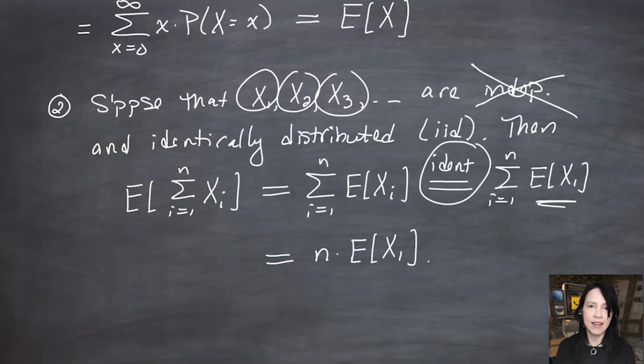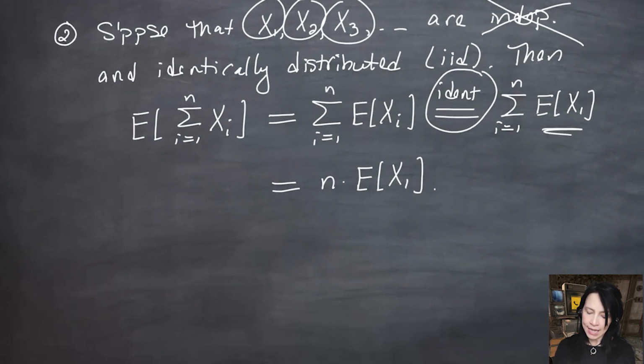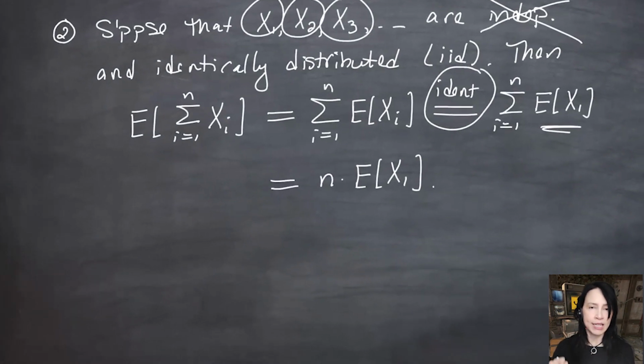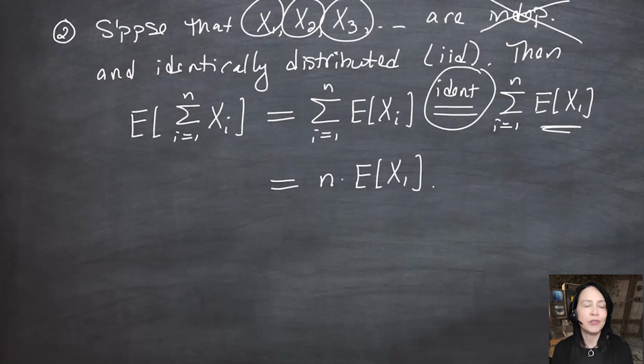Now, this is not actually the thing in the list that I wanted to tell you about today. This is something that hopefully you've already seen. What we're going to use today is we're going to start again with the same assumption that we have some independent random variables that are identically distributed, and they don't have to be independent, but identically distributed is enough for what I'm saying here today.